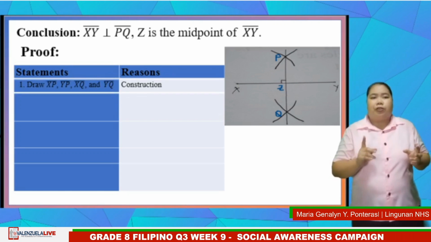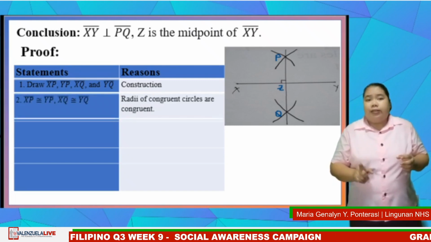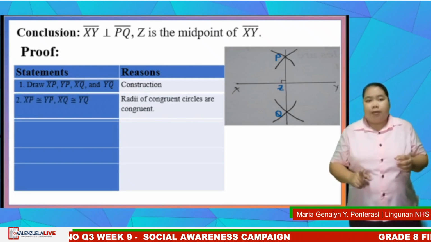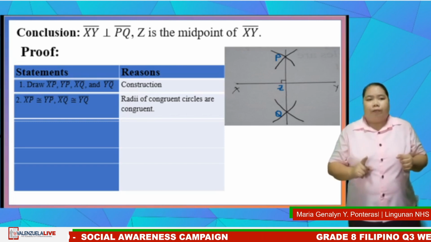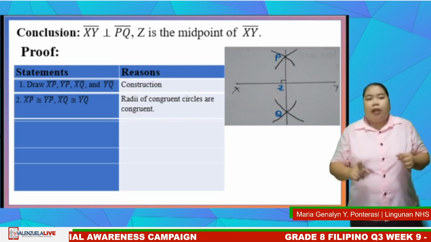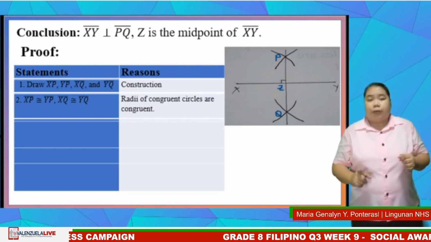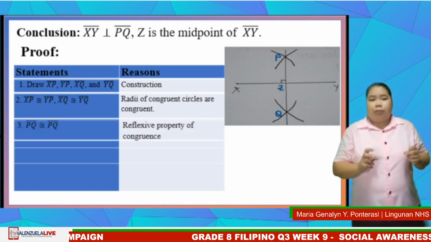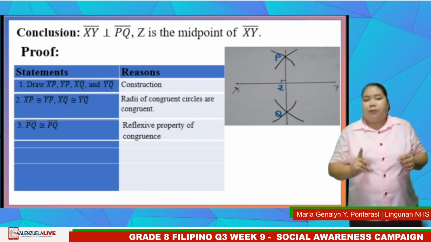The reason is construction. The second one, segment XP is congruent to segment YP, and segment XQ is congruent to segment YQ. The reason, radii of congruent circles are congruent. Then the next one, PQ is congruent to PQ. The reason is reflexive property of congruence.